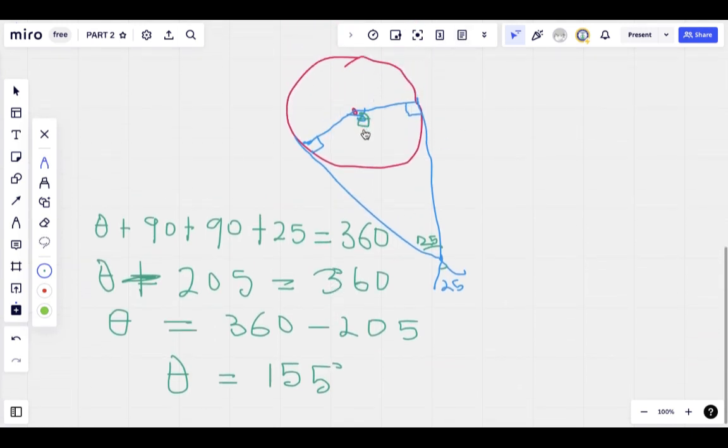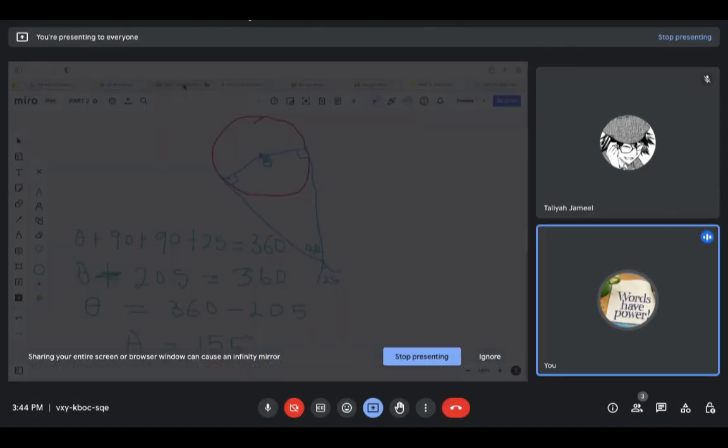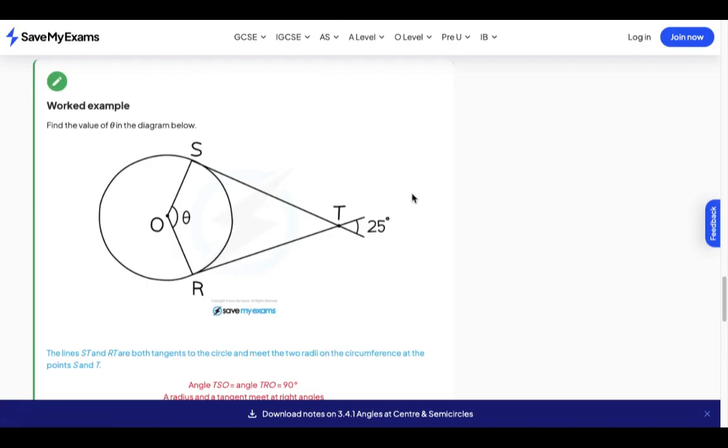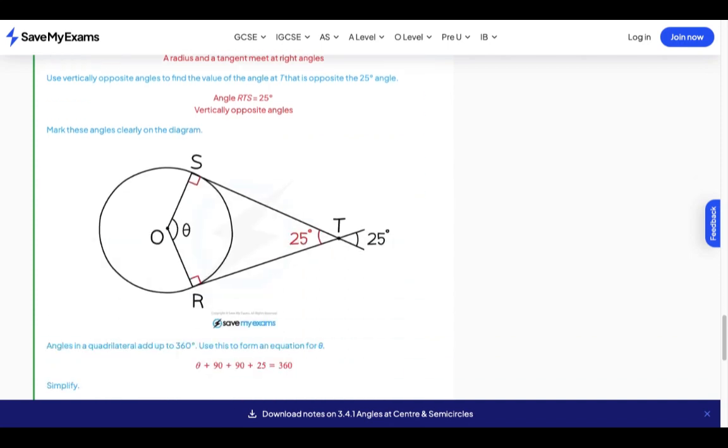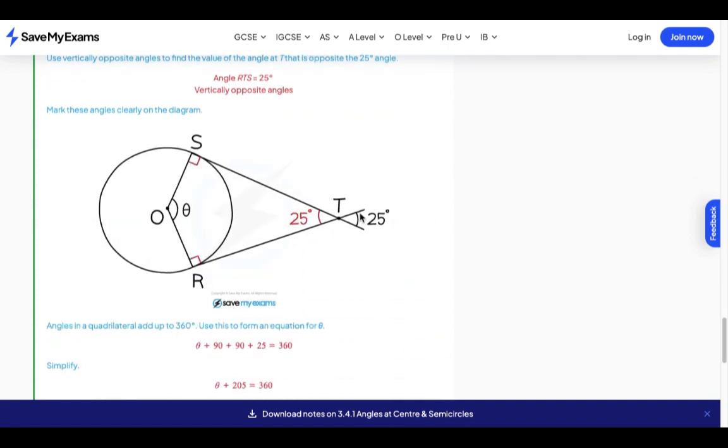You found angle theta. So this is the type of question that you may be getting. You see, the first step is for you to know that the angle outside here equals the angle inside here because they're vertically opposite angles. So here's 25. Another thing is to know that a radius and a tangent make 90 degree. So here's 90 and also here is 90 degree.